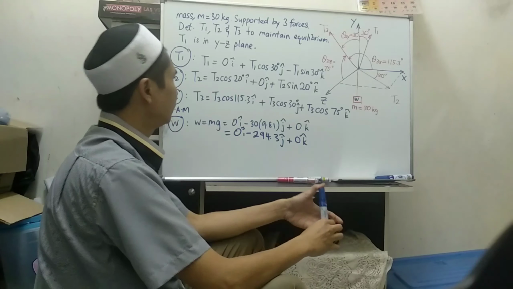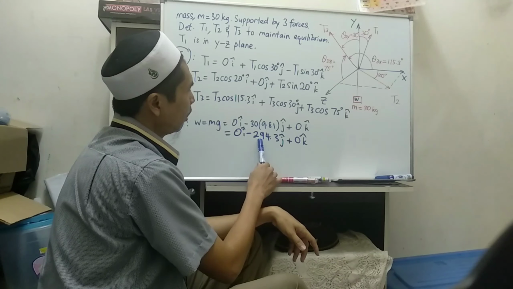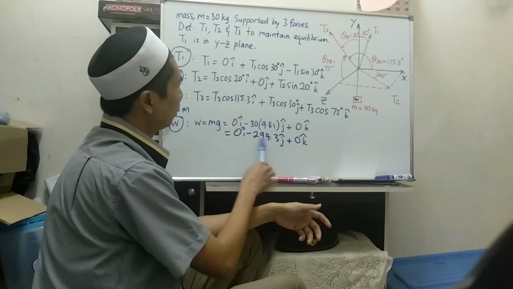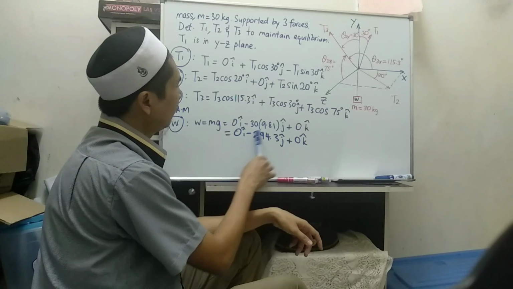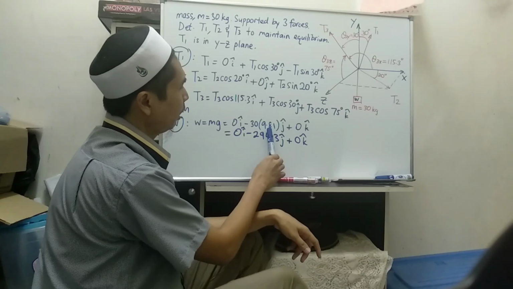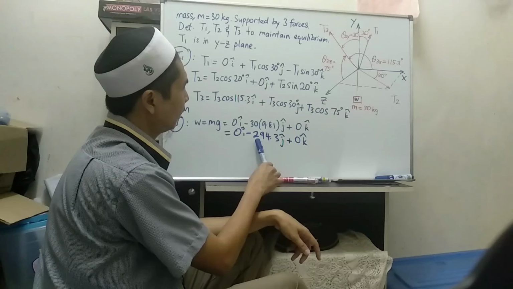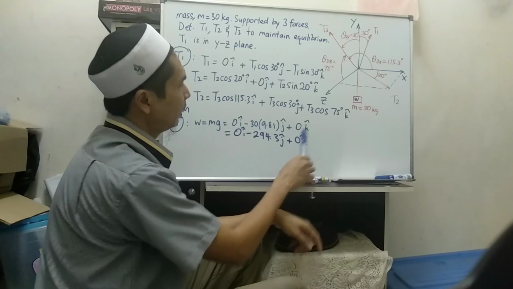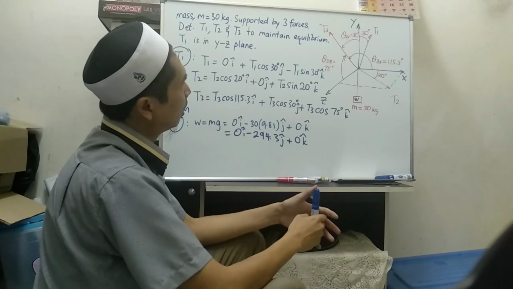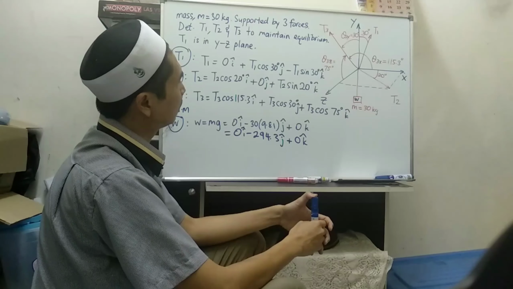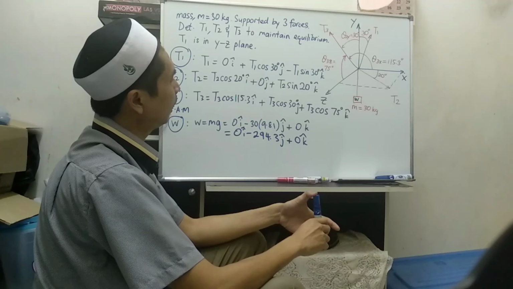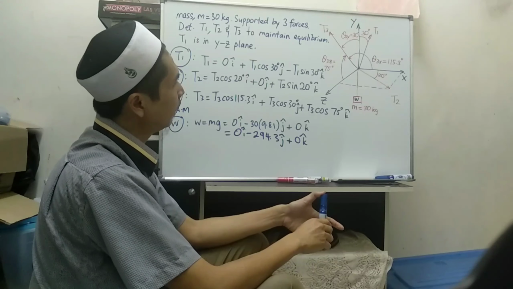So you have 0 I, then mg, with mass 30 and g 9.81, so negative 294.3 J and 0 K. So these are all the vector forces acting on the system to maintain equilibrium, in terms of IJK components.